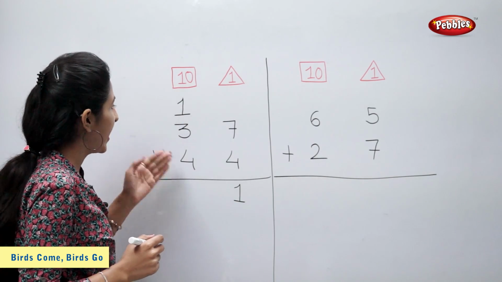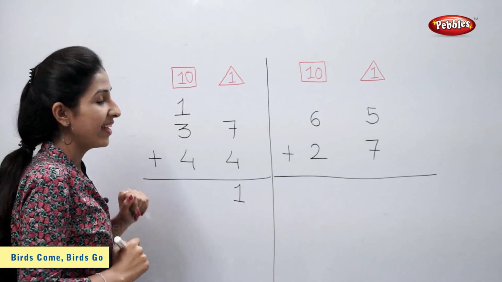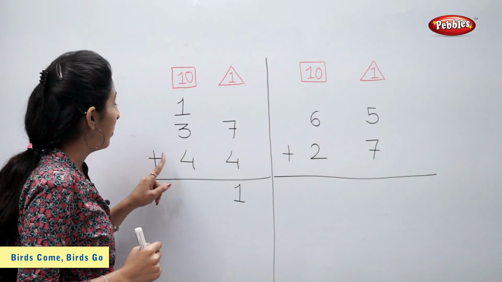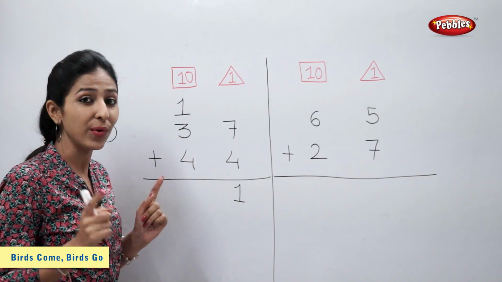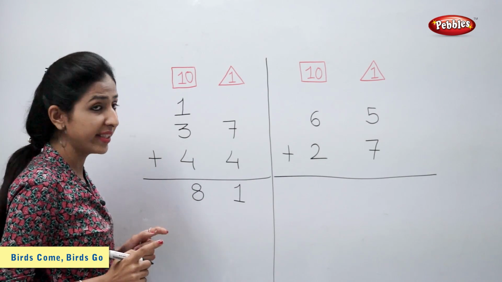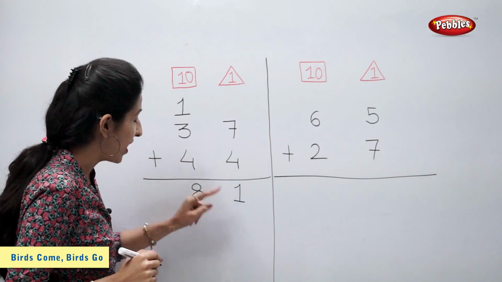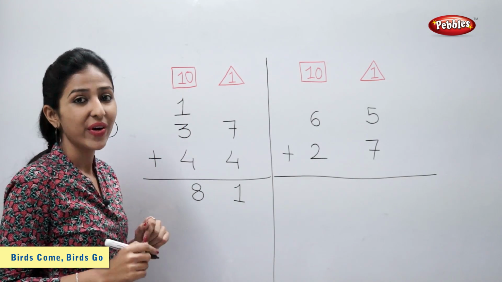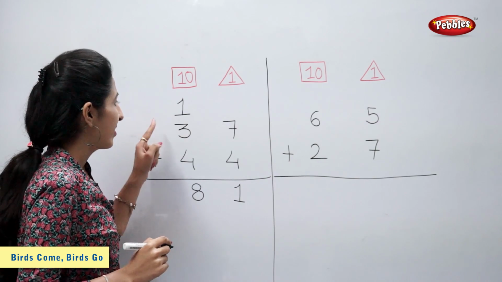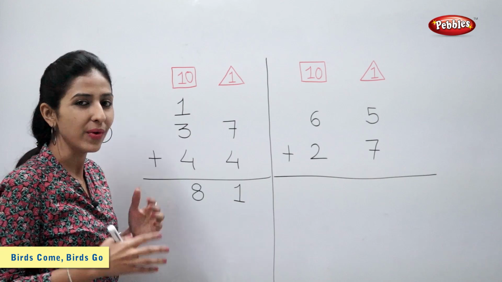Let's add tens. 1 plus 3 is equal to 4 and 4 plus 4 is equal to 8. So students, now we have 8 tens, 1 ones. So the number is 81. So 37 plus 44 is equal to 81.